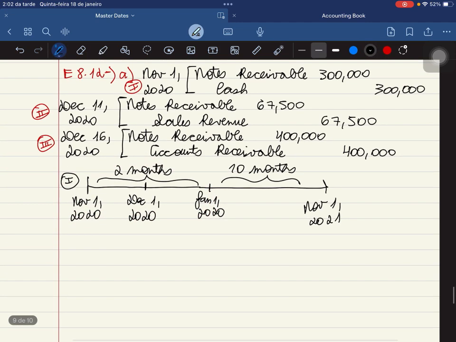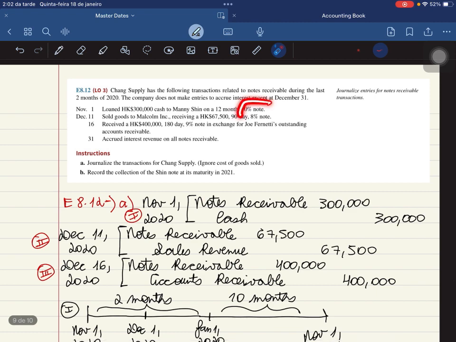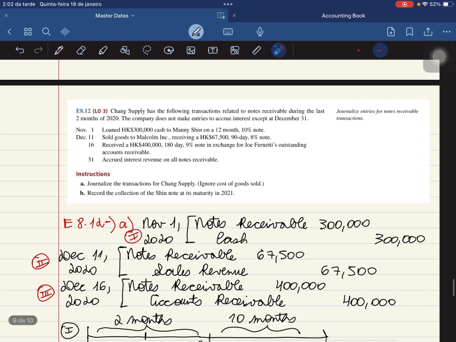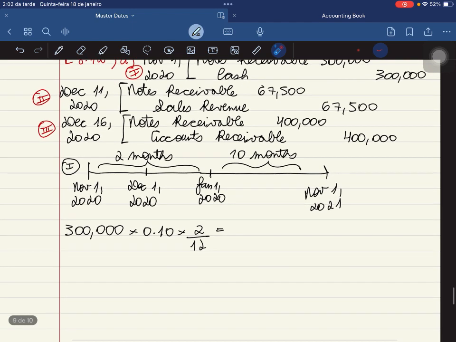So it is 300,000 times 10% times 2 months have passed, so 2 divided by 12. Something is very important here. The reason why I put this 12 here is not because the original note was 12 months. Every time we're calculating notes receivable interest, this part is always going to be related to the year.